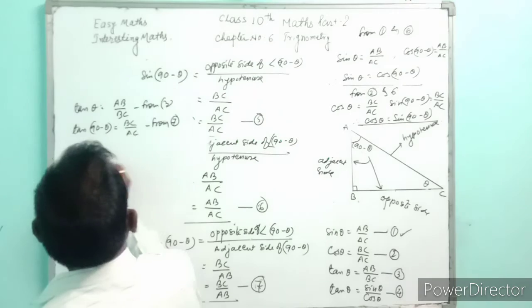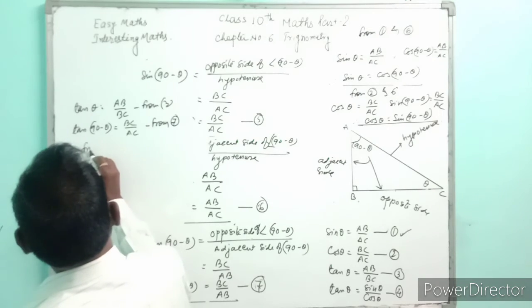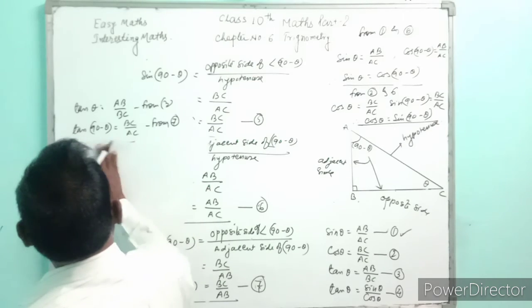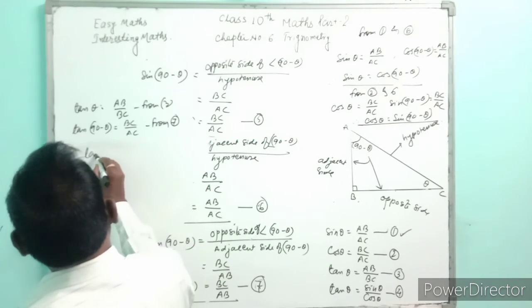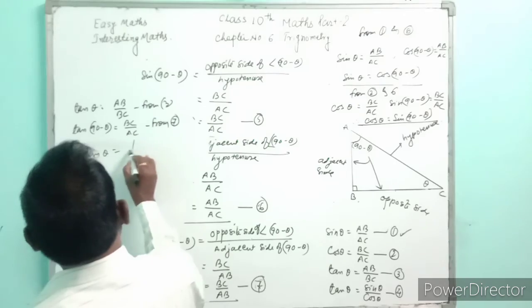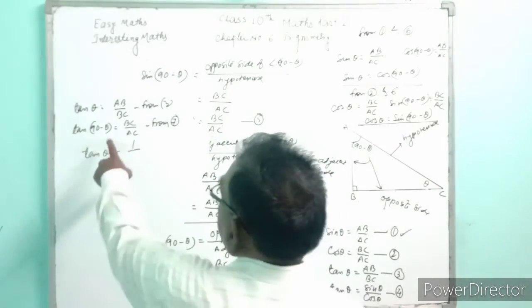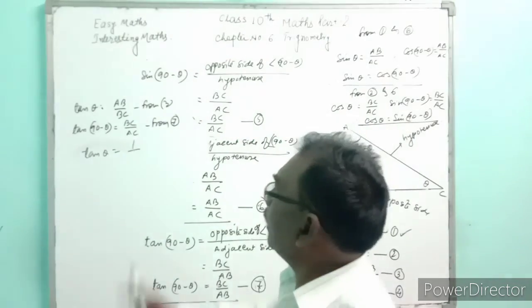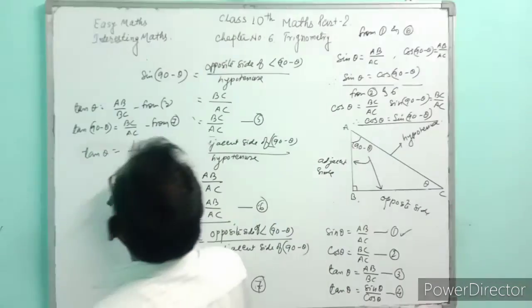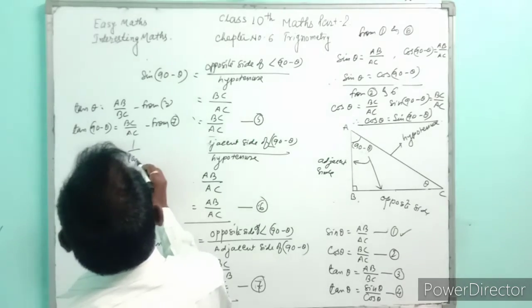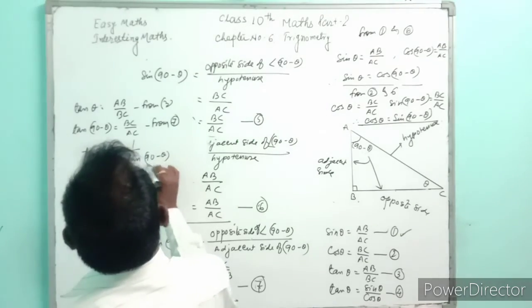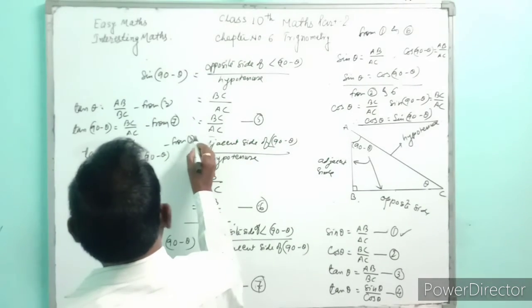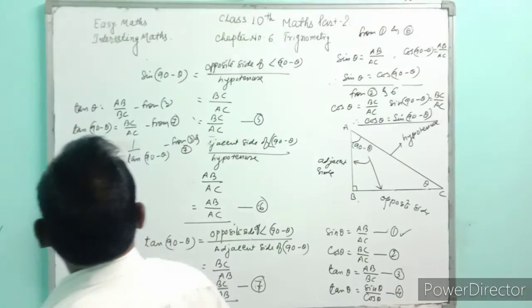So from 3 and 7, this BC by AB is the multiplicative inverse of AB by BC. Therefore, tan theta is equal to 1 upon tan 90 minus theta.